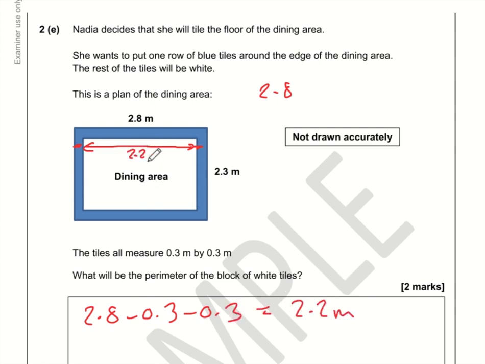Similarly the 2.3 will have minus 0.3 and minus 0.3 as well. So 2.3 minus 0.3 minus 0.3, and that is 1.7.